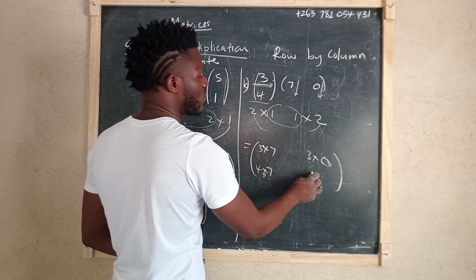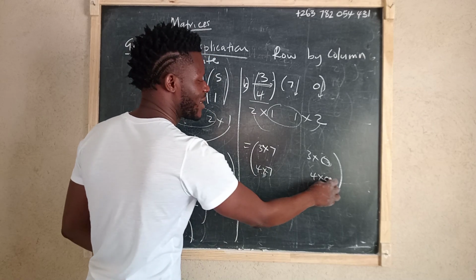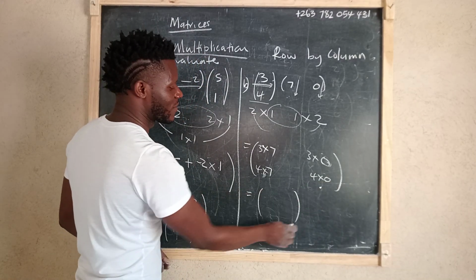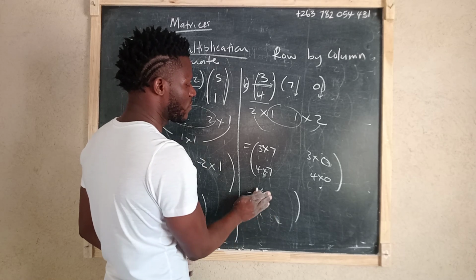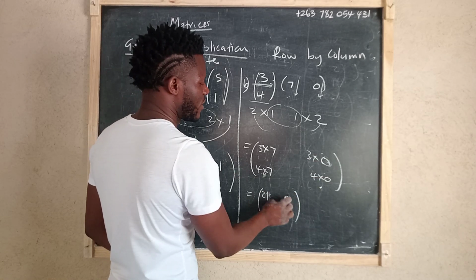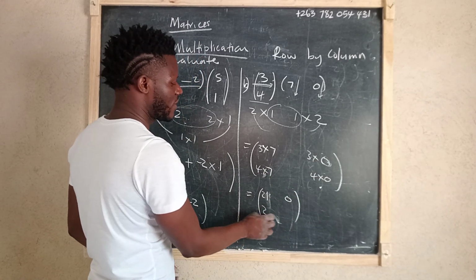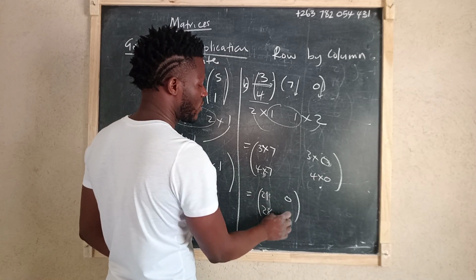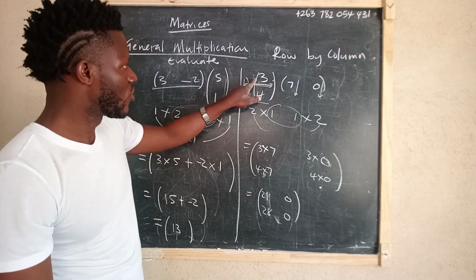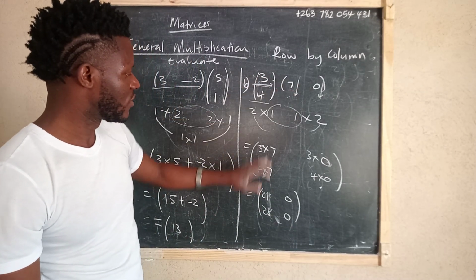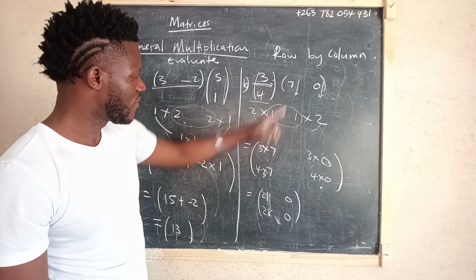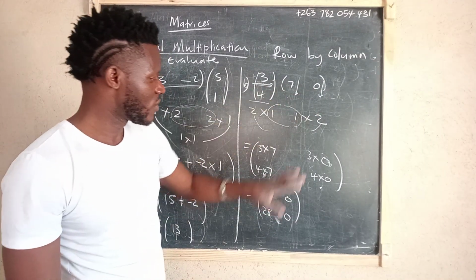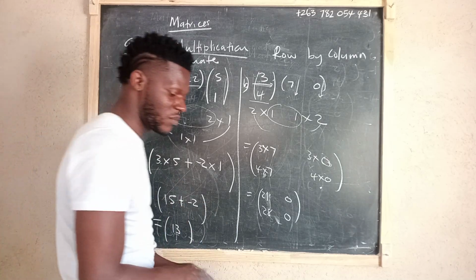Then 4 by 0. That's a step on multiplication. Now it's 3 times 7, 21, 3 times 0, 0, 4 times 7, 28, 4 times 0, 0. That's general multiplication.